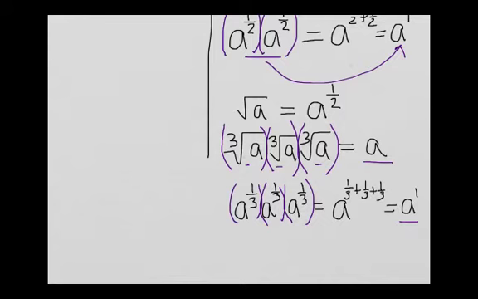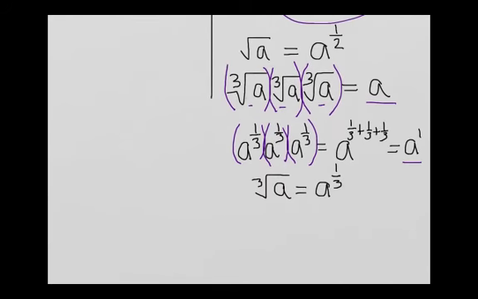So that means that the cube root of a is going to be equal to a to the 1/3 power. And you can see that we could continue this for fourths and fifths and sixths and so on. And so in general, we say that if we take the nth root of a number or a variable, that's the same thing as raising that variable to the 1/n power.